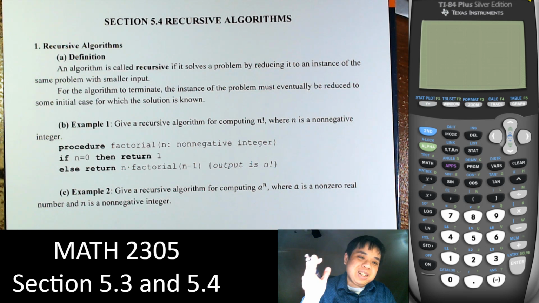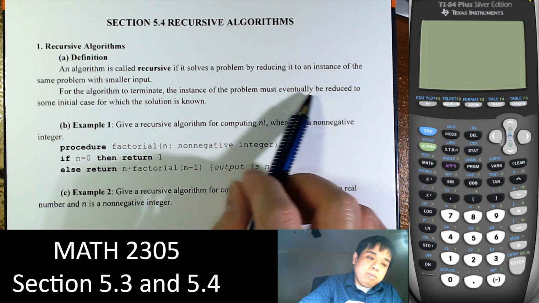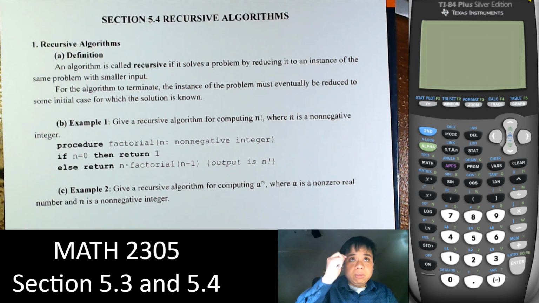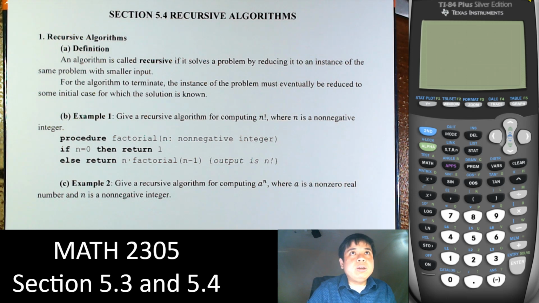So for the algorithm to terminate, the instance of the problem must eventually be reduced to something initial, for which the solution is known. Some sample problems for recursive algorithms might be finding the determinant of a matrix, or the classic Tower of Hanoi problem, or dynamic programming. But pretty much it's a function calling itself.